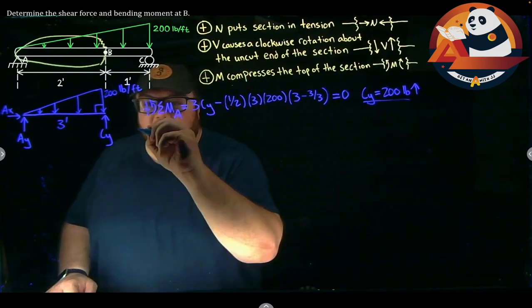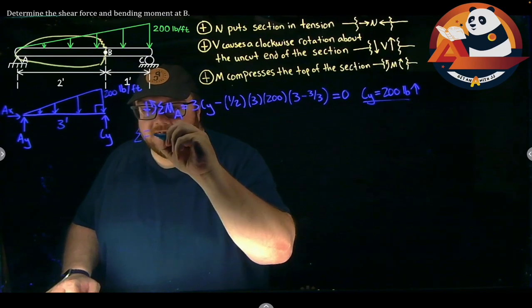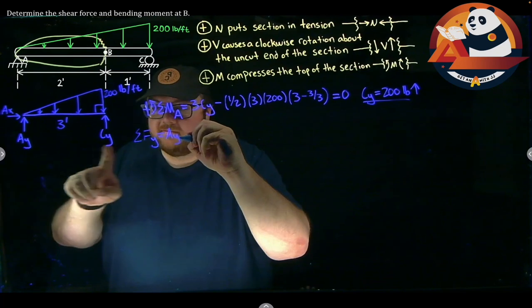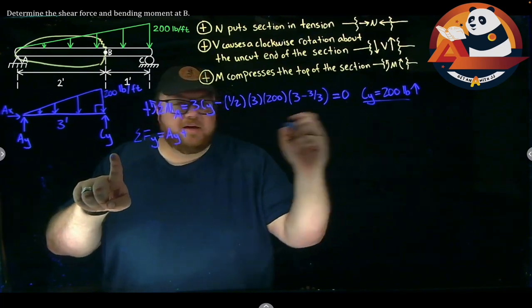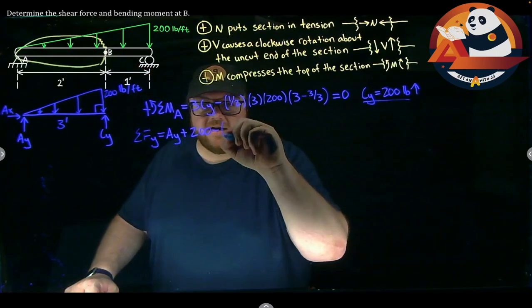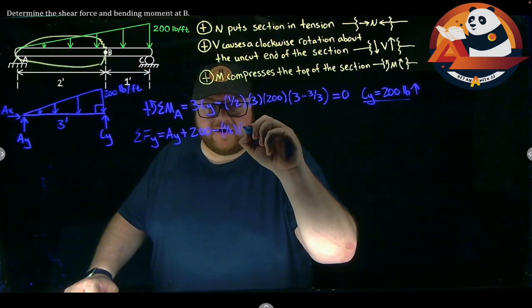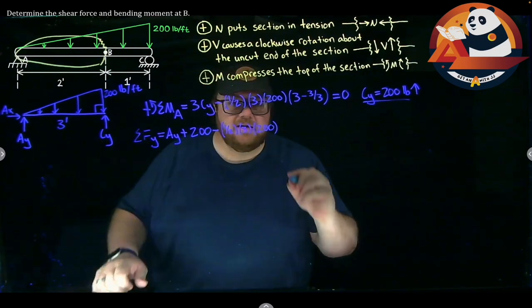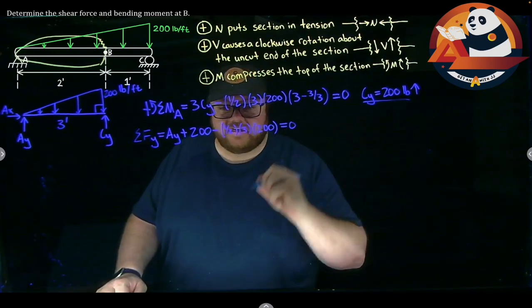And with that known, let's sum forces in the Y. We have AY going up, CY going up, plus 200, minus our distributed load, or minus 1/2 times our base of 3 times our height of 200. It's going to get me to 0.